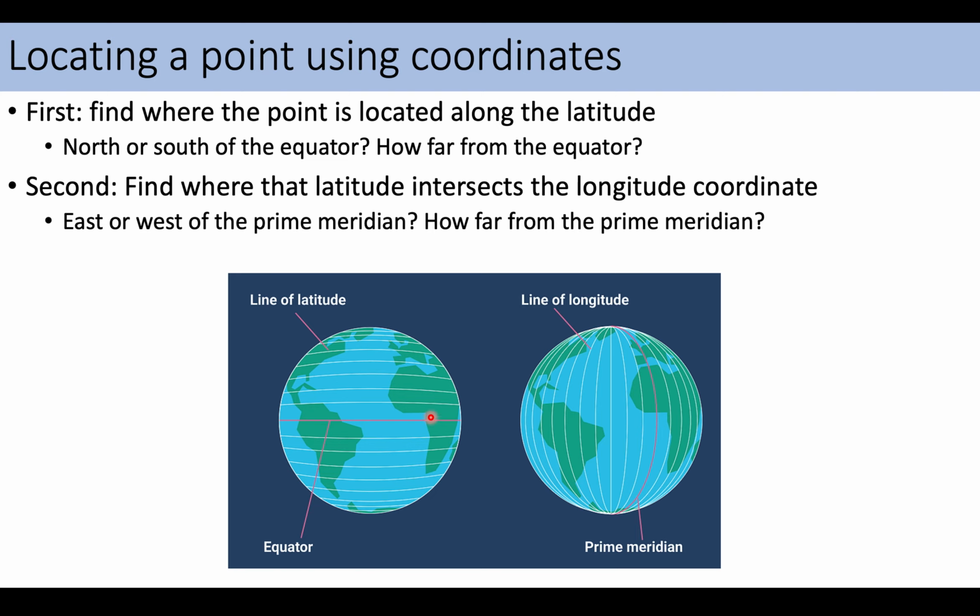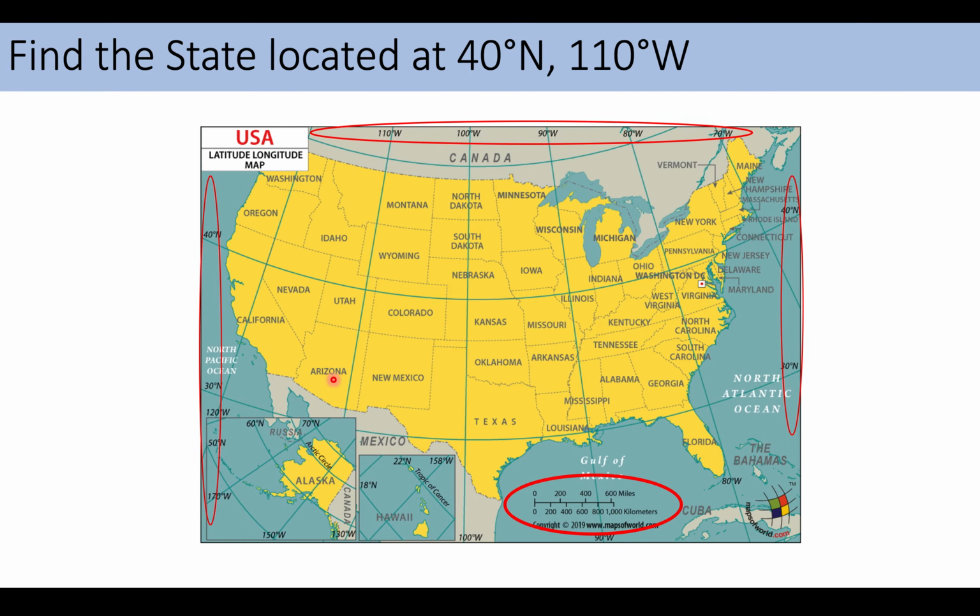Once we find our line of latitude, then we can find the longitude that intersects. So we say, okay, are we east or west of the prime meridian? I know I'm going to be located, let's say, on this line of latitude, so where, compared to the prime meridian, am I located? You find where the two coordinates intersect. That's the position you're looking at.